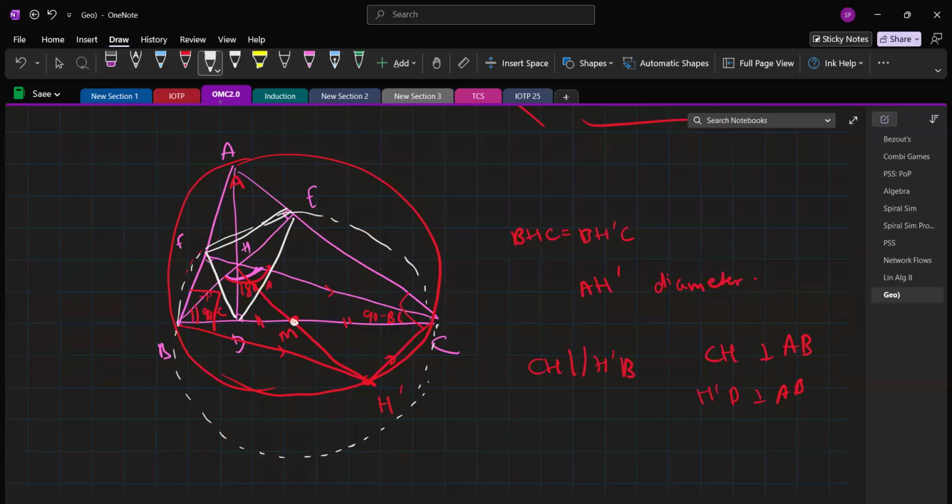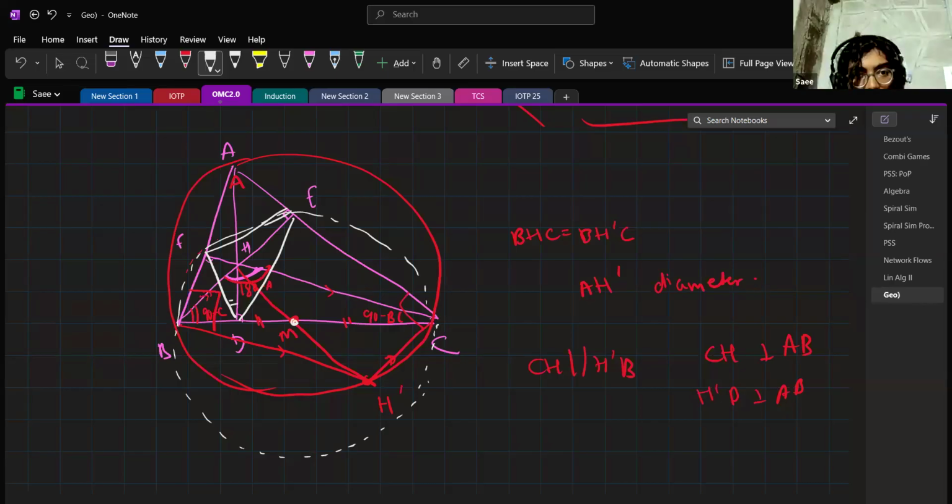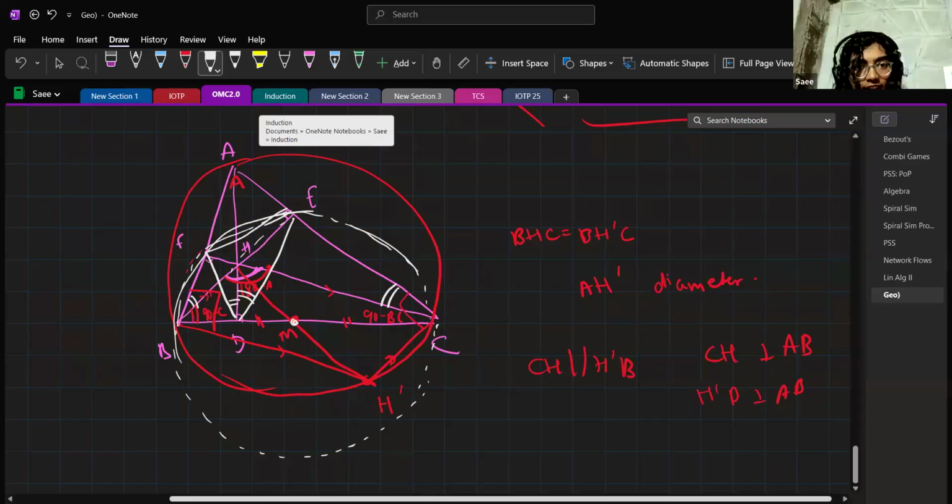So this angle is equal to this angle, but also this angle is equal to this angle because this bigger circle is cyclic. Then we can look at the smaller circle, which is cyclic, to get that it's equal to this angle. And then we get that DH has to be the angle bisector of FDE. And that's another way to conclude that H is the incenter.